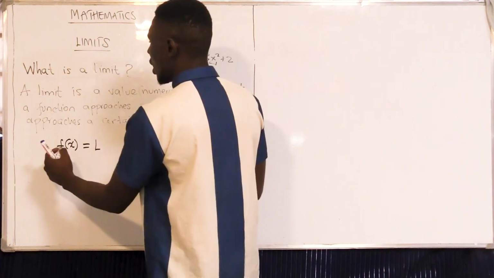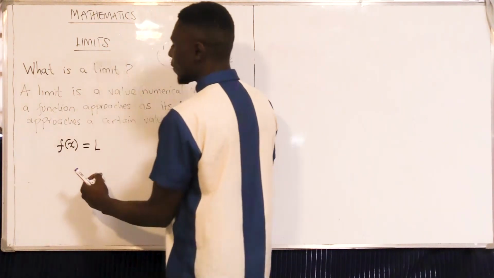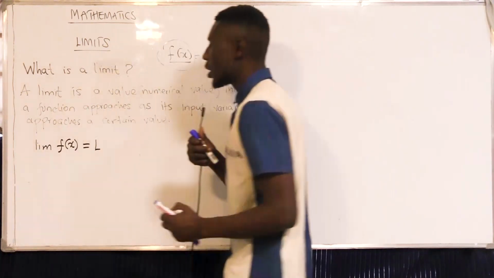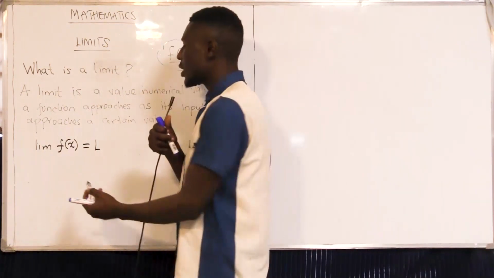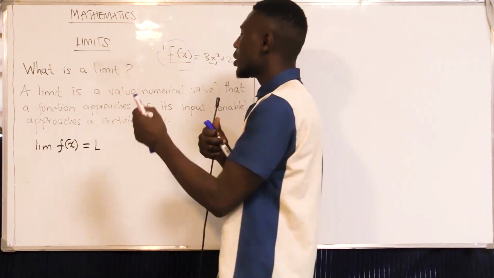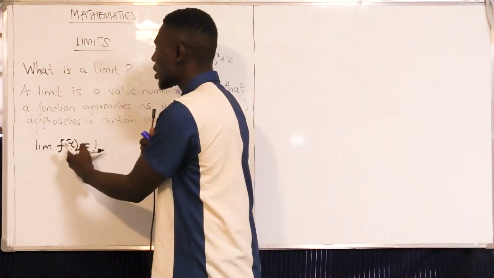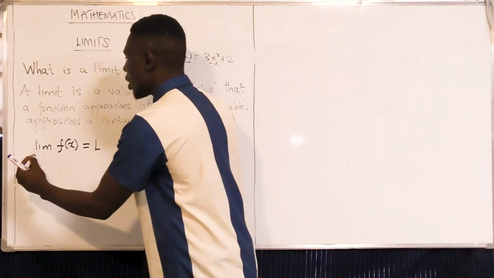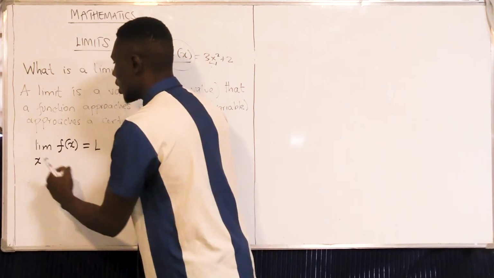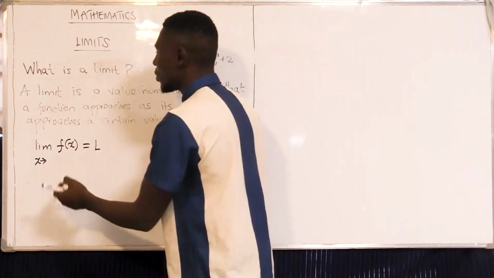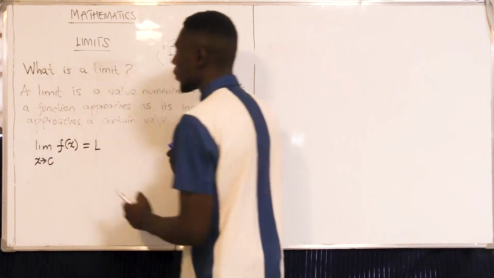Before writing f of x, I'll write limit like this. Since we're defining a limit as what f of x approaches, it is fully dependent on what x goes close to. So I will say that x here is approaching a certain value, which is also a number, and we say that number is c.